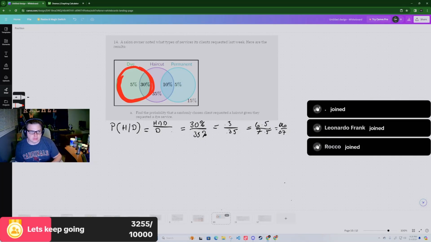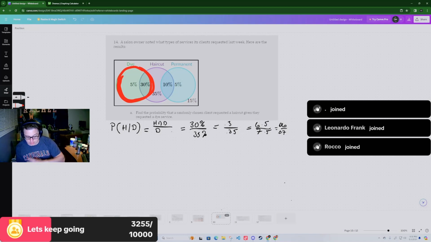At that point, you're playing with the numbers. They all will give you the same kind of decimal answer. Whether I would put 6 over 7, 0.06 over 0.07, or I could have left it as 0.3 divided by 0.35, or I could have left it as 30 divided by 35.